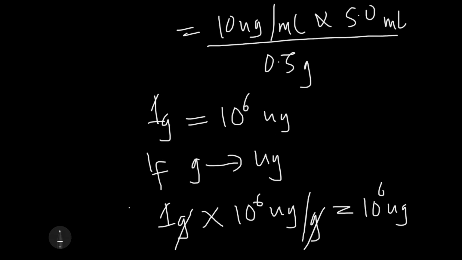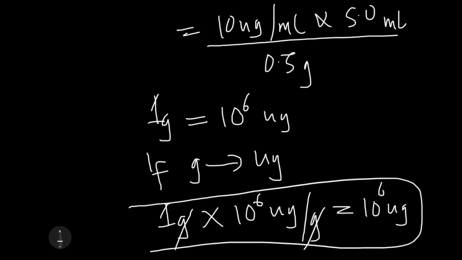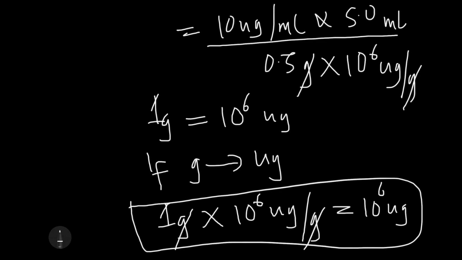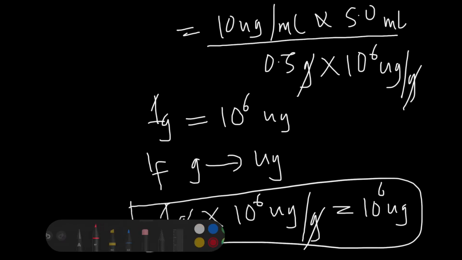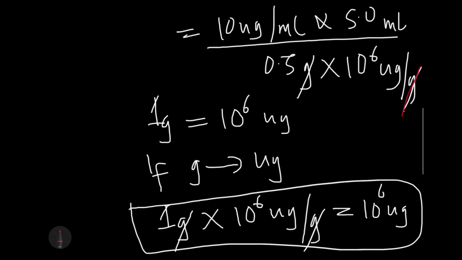Since we want to convert 0.5 grams into micrograms, we'll use this principle here. I'll just multiply 0.5 gram by 10 to the power 6 micrograms per gram, so that the grams cancel.